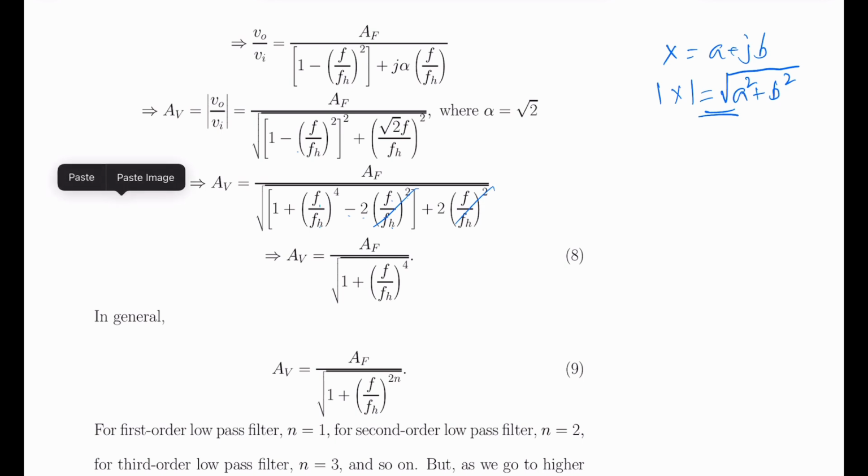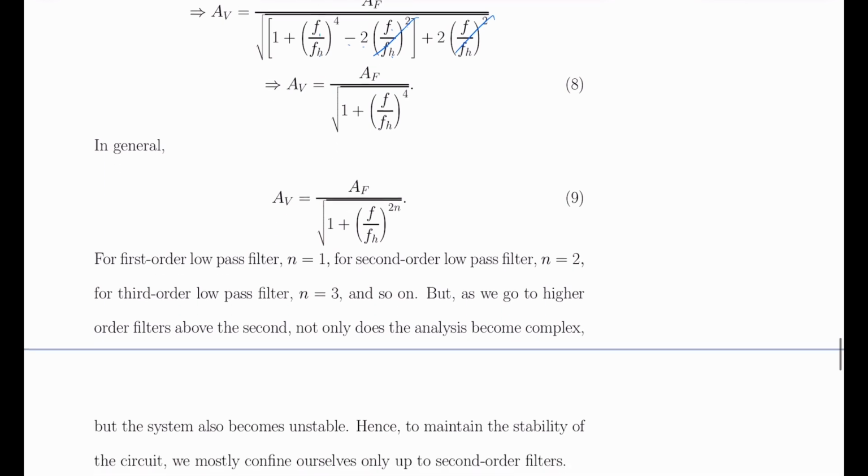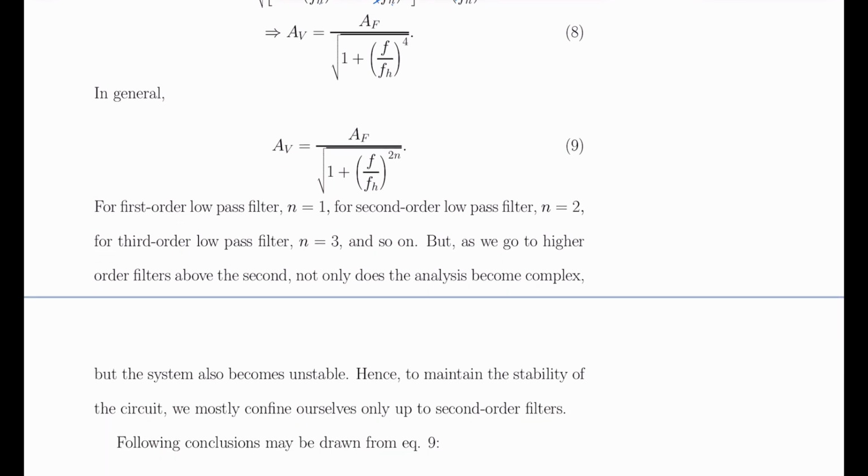In general, we have AV equal to AF upon root over 1 plus (f upon fh) to the power 2n. For the first order low pass filter, n equal to 1. For the second order low pass filter, n equal to 2. For the third order low pass filter, n equal to 3 and so on.